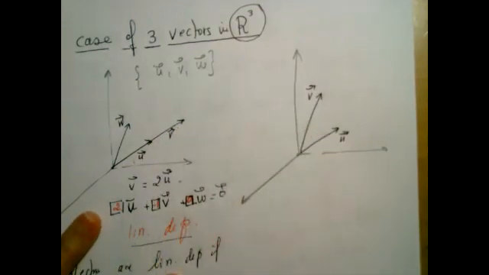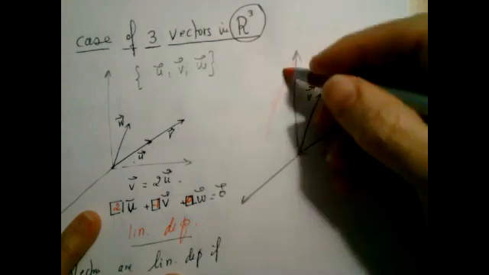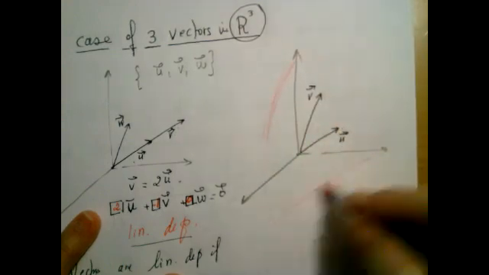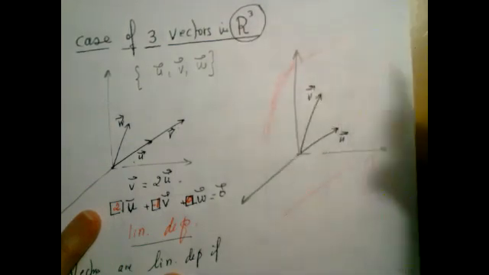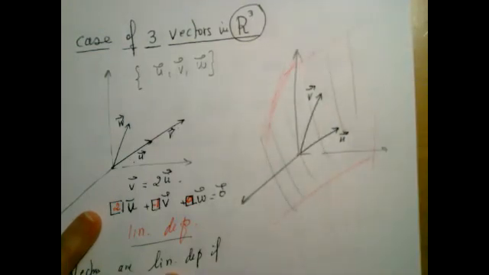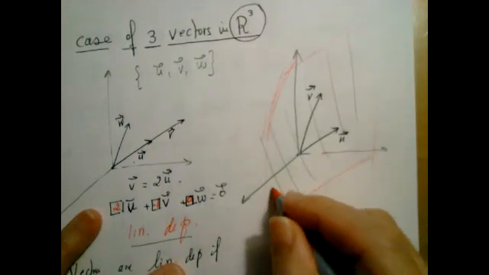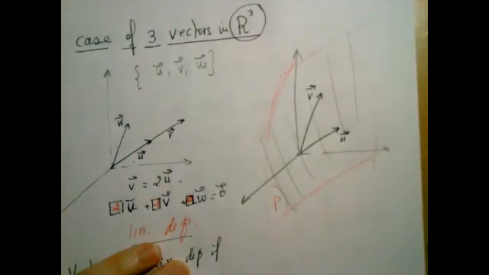And then my third vector W, I'm going to put it here. I'm going to look at this plane right there. So this is the plane. It's the plane that contains, so I'm going to call P the following. P is the plane.